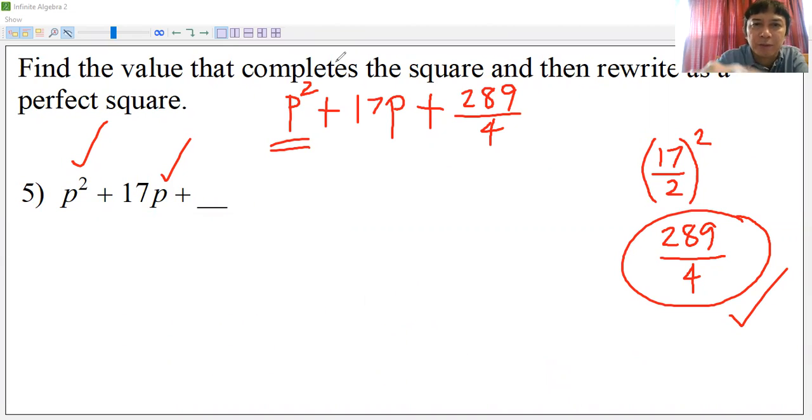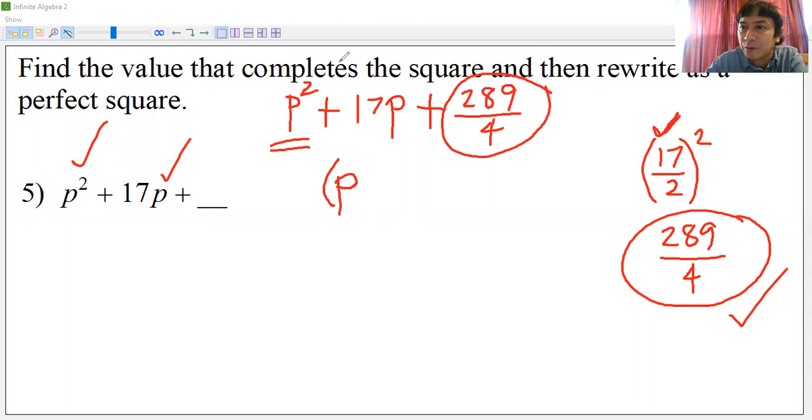So to get the required perfect square, the square root of p squared is p. The square root of 289 over 4 is 17 over 2, just before you square it. So we will write here 17 over 2.